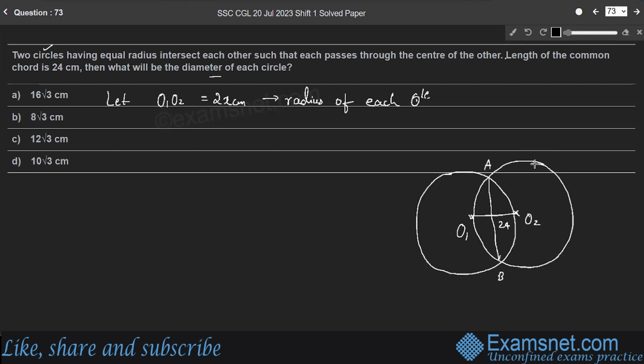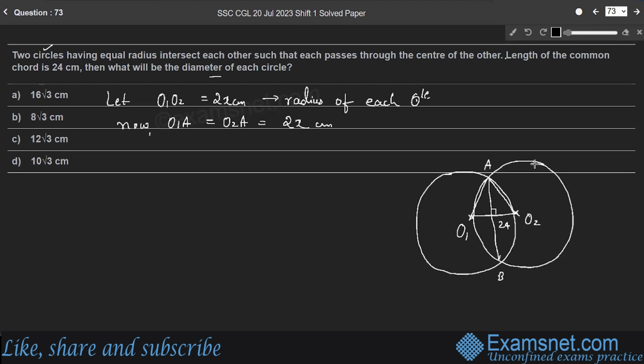So let us join O1A and O2A. Now O1A is equal to O2A, also the radius of the circle, which is 2x centimeter. Now consider the chord AB. Here chord AB bisects O1O2 perpendicularly at 90 degree.